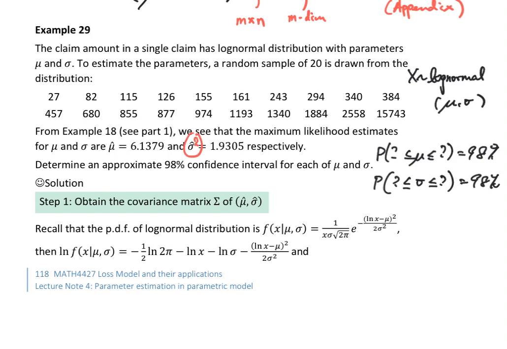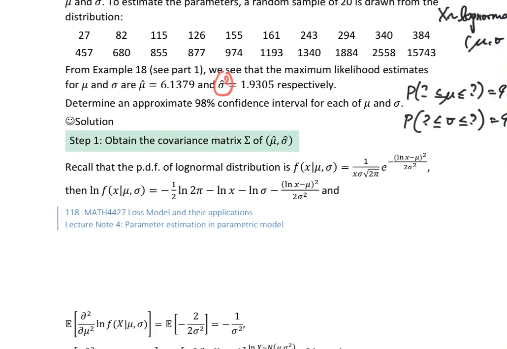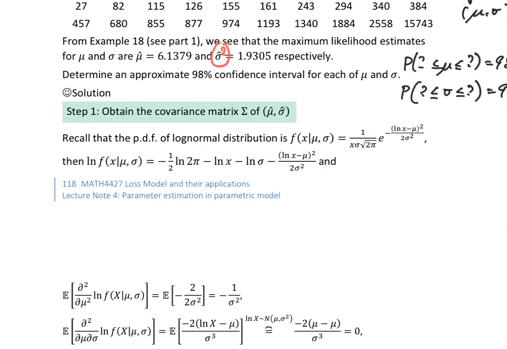Now the question is, how do we get this? Before I move on to the detail, let us have some outline. First of all, let us consider the case where we want to find the 98% confidence interval of mu. Remember that in order to find this confidence interval, what we need is the distribution of your estimator, which is your MLE in our case.